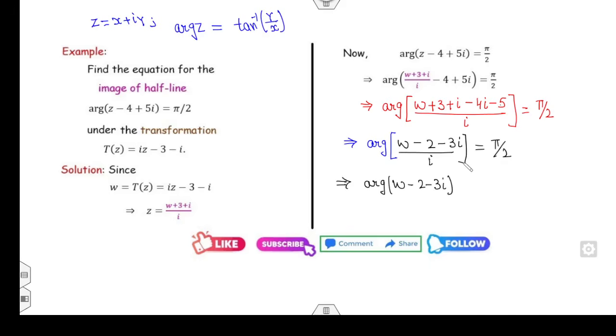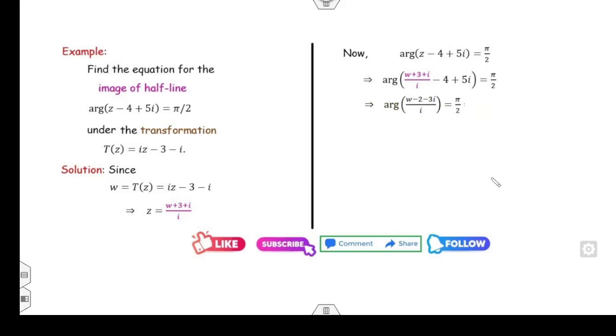And how can you write the denominator? It's minus argument of iota. How? Because we all know argument of a over b is equal to argument of a minus argument of b. Now can you find the argument of iota? What is the argument of iota?